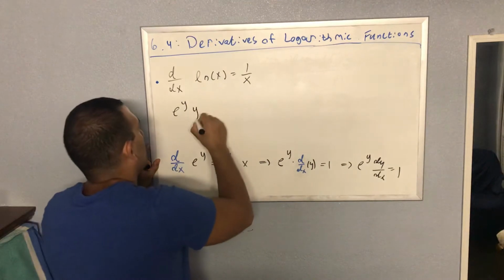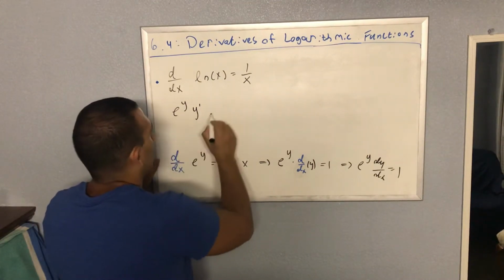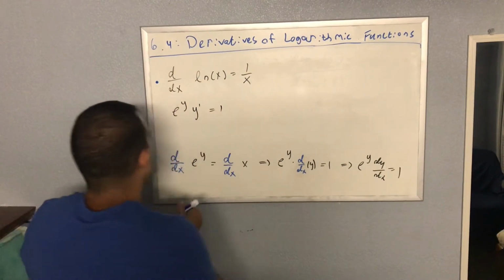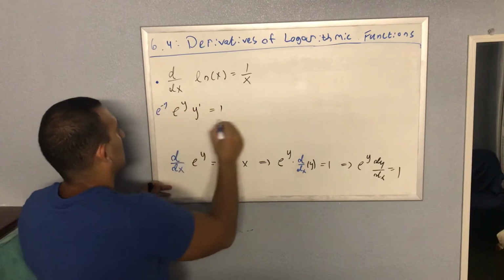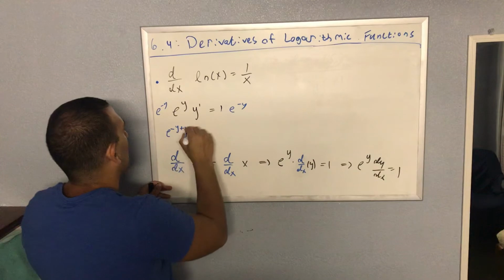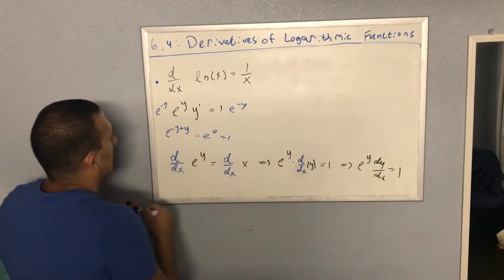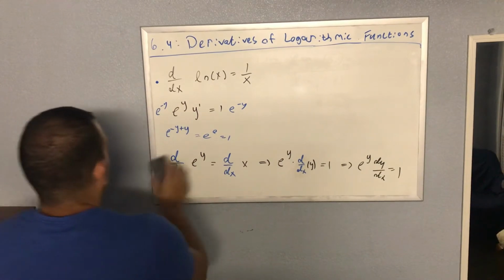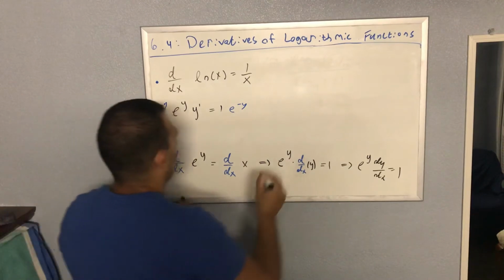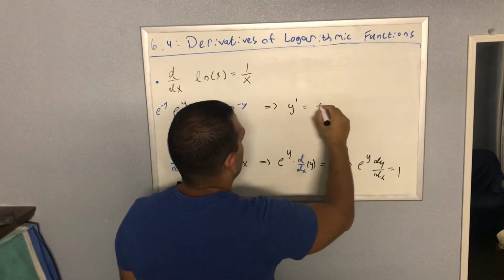So e to the y times y prime is equal to 1. Now if you multiply both sides by e to the negative y, to cancel things out, you get e to the negative y plus y, which is e to the 0, which is 1. So y prime is e to the negative y.